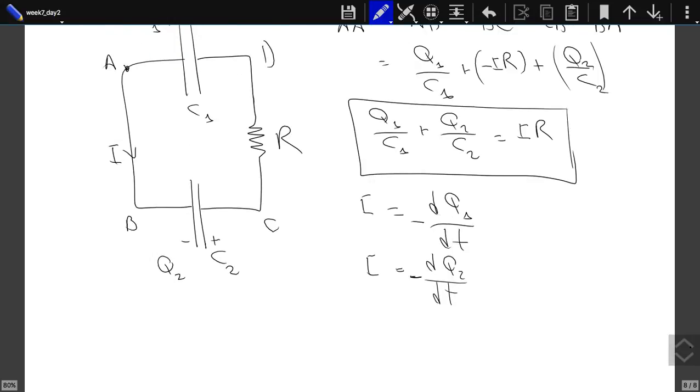Okay, so let us look at the above equation. Rather than looking at this equation, let's take its time derivative.